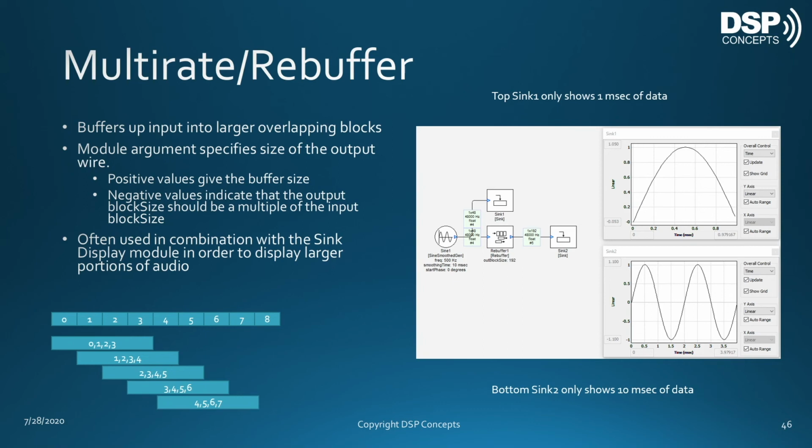Well, what you do then, you add a rebuffer module, and you specify an output size of 192 samples, and then that's a FIFO. We buffer up 4 blocks of data. So every time a new input data comes in, we output a complete block of data. And then you'll be able to see, in this case, 2 periods of the sine wave as shown below. So that'll give you 4 milliseconds of data.